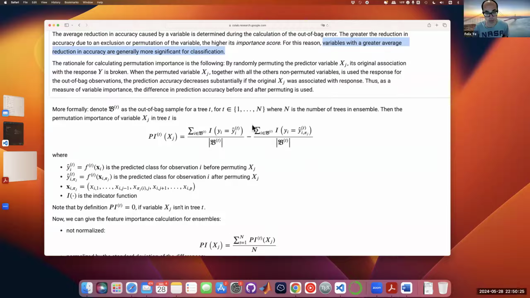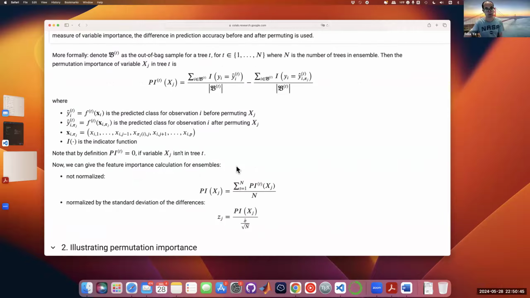Usually, if we have enough data, my accuracy will decrease. How much it actually decreases will be my permutation importance. Of course, this is not normalized.